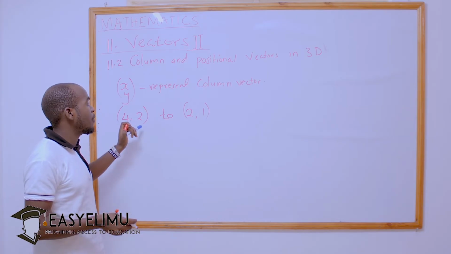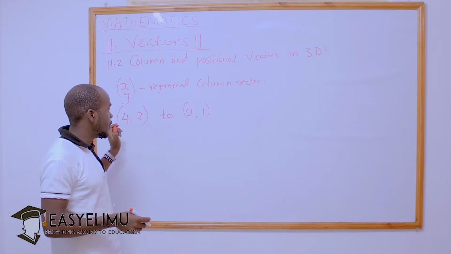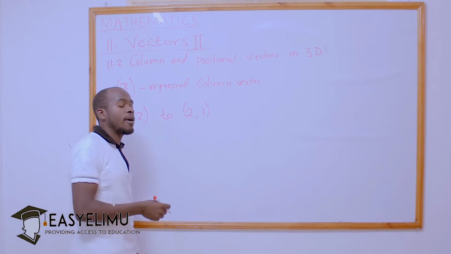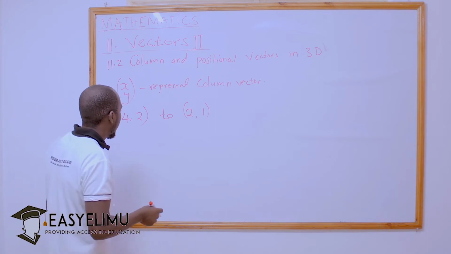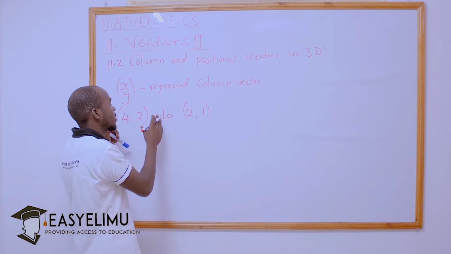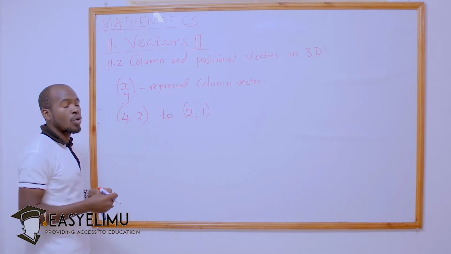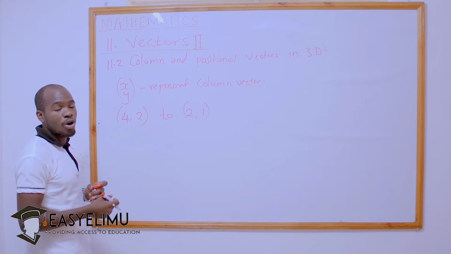So, if you want to find the positional vector of this point, you will find out after finding the column vector. And in order to find the column vector of this, you need first to change these positional coordinates into column coordinates.